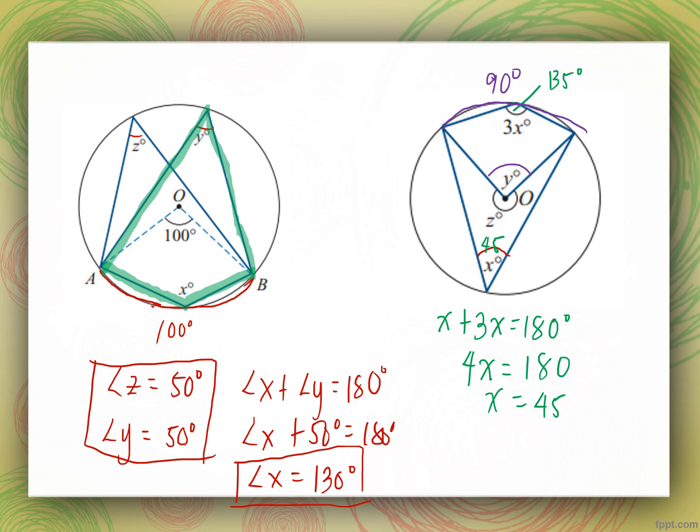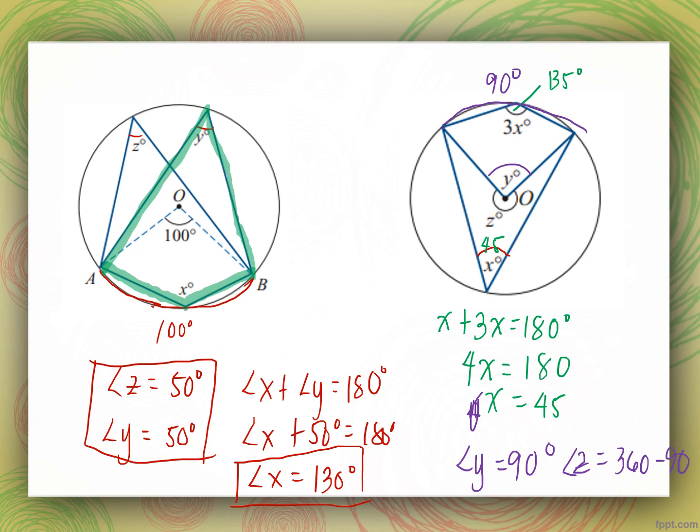So therefore, angle y is 90 degrees. Then it's easy to solve now for your angle z. So this is 360. 360 minus your y, which is 90 degrees.